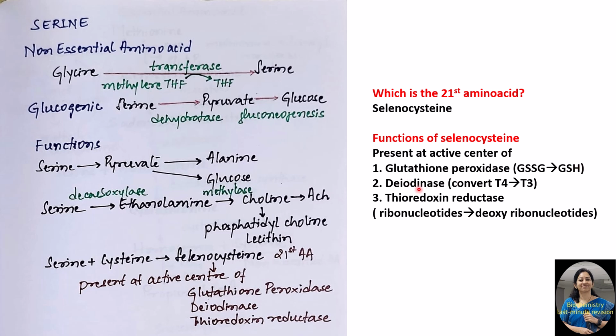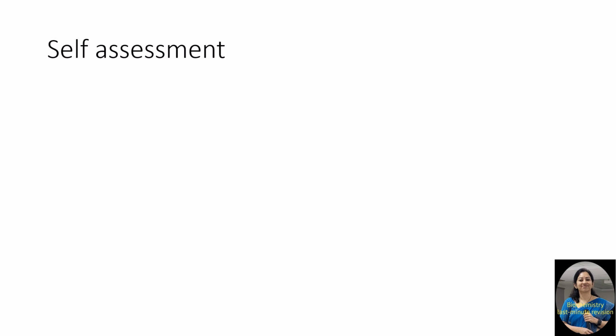Then it is also a component of deiodinase enzyme, which is associated with conversion of tetraiodothyronine to triiodothyronine. Then it is also present at the active center of thioredoxin reductase, which is involved in the conversion of ribonucleotides to deoxynucleotides. So that was all about metabolism of alanine, serine, glutamate, branch chain amino acids, and histidine.